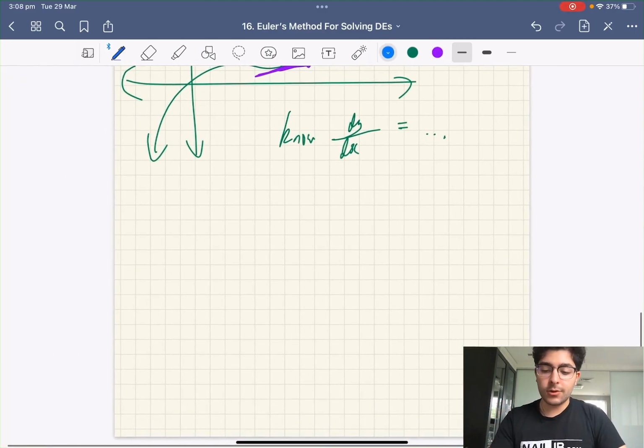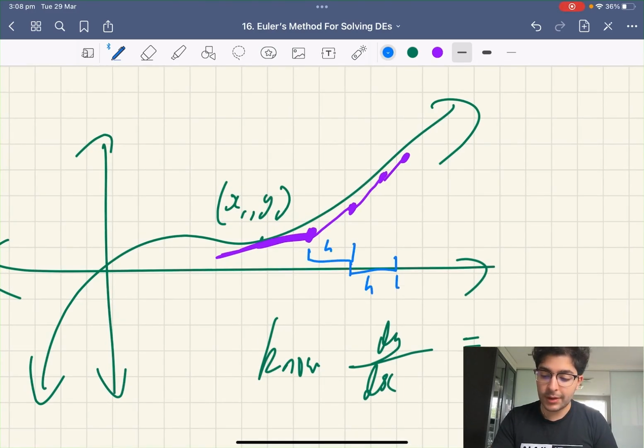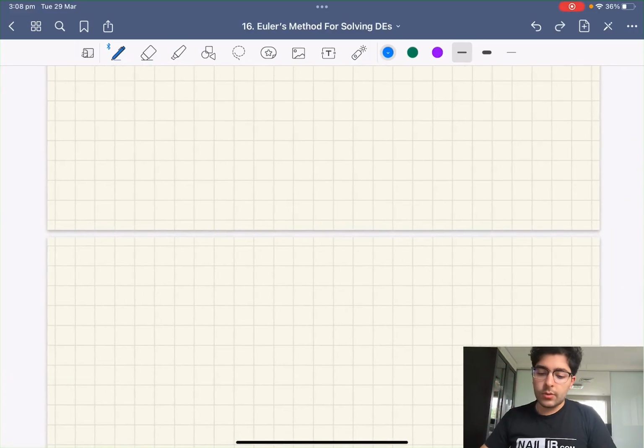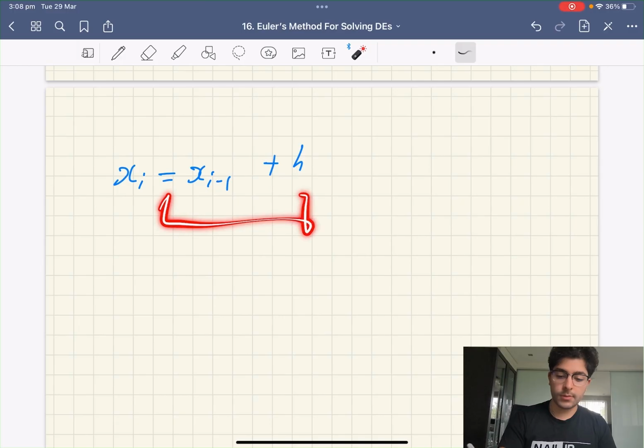But let's write out the formula first. This is assuming that we have equal steps, which we're going to call h. So h is the step in x value until we get to that final point that we want. So let's say we wanted to find the ith point: xi is going to equal the previous point plus the step across.